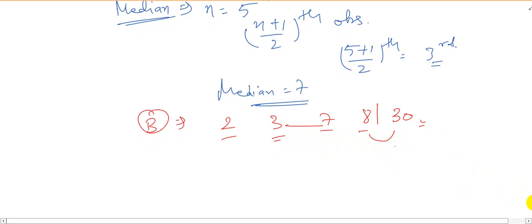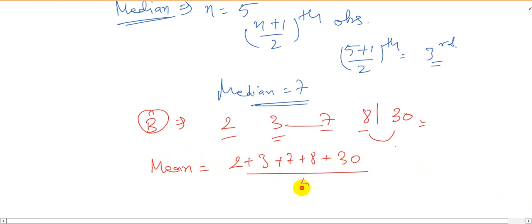Okay, so let us now find the mean. Mean would be 2 plus 3 plus 7 plus 8 plus 30 upon 5. Now what would it be? It would be 50, right? 50 upon 5, which is equal to 10, right?